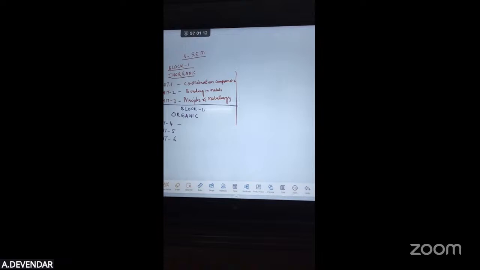Unit 4 is heterocyclic compounds. Unit 5 is amino acids and proteins.